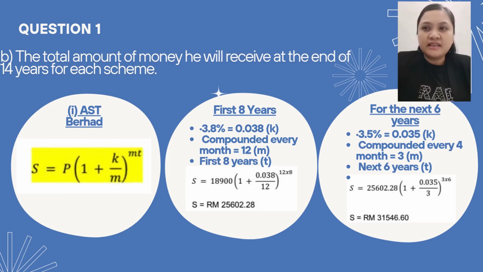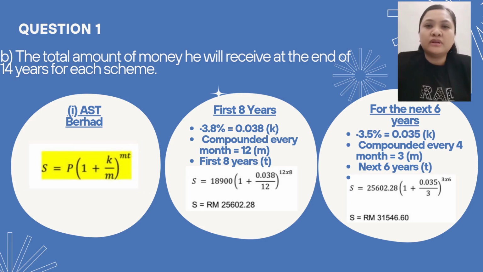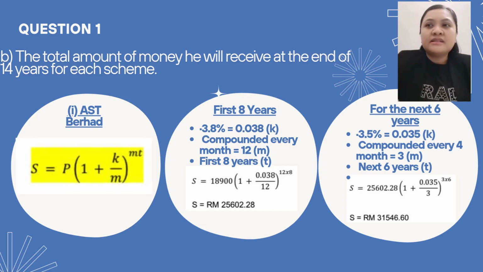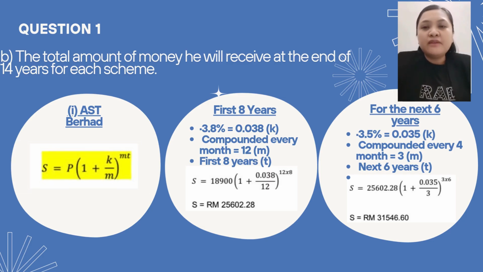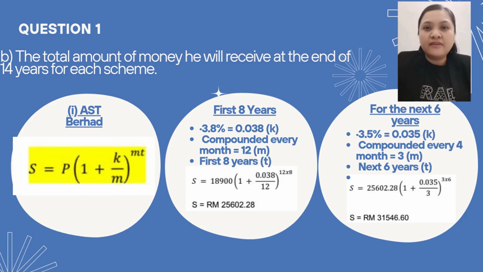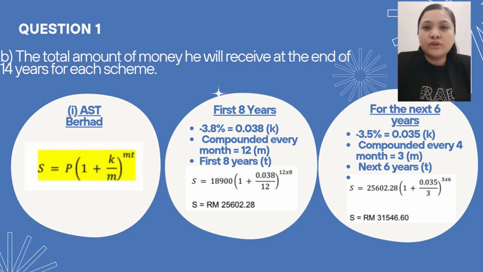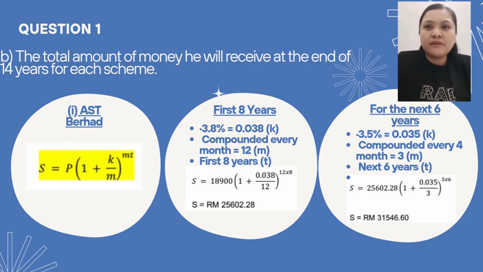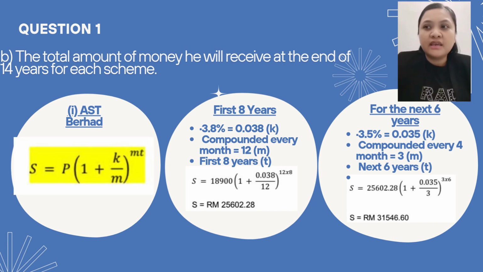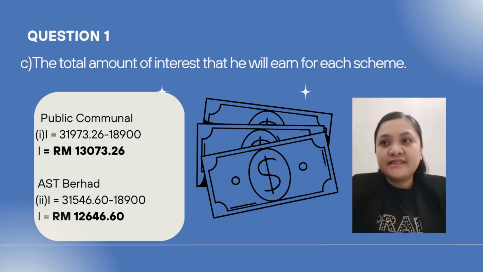First 8 years, substitute the amount, equal to 25,602.28, and then for the 6 years after that, the rate is 3.5% equal to 0.035 compounded frequency, and then for 6 years after substitute amount, equal to 31,546.60.